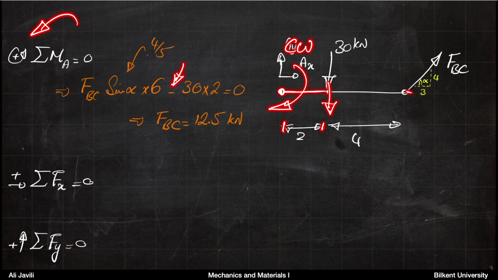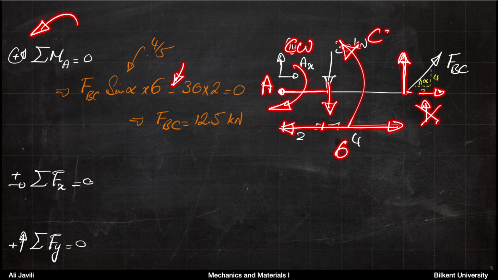Then you have this force BC, which has two components. The horizontal component obviously does not cause any moment with respect to point A, but the vertical component, it causes a moment. The arm for that is 6, and also it will cause a moment that is counterclockwise.